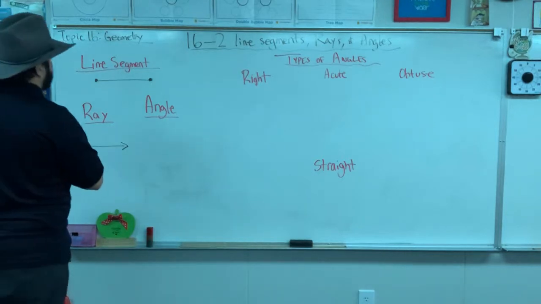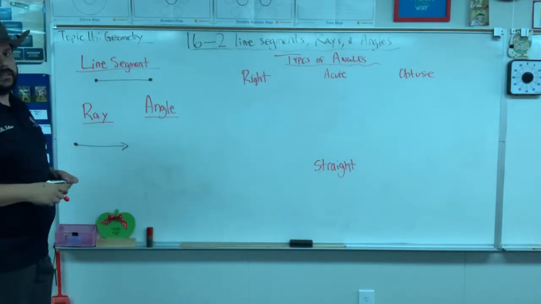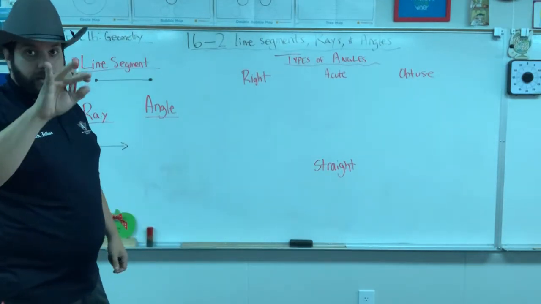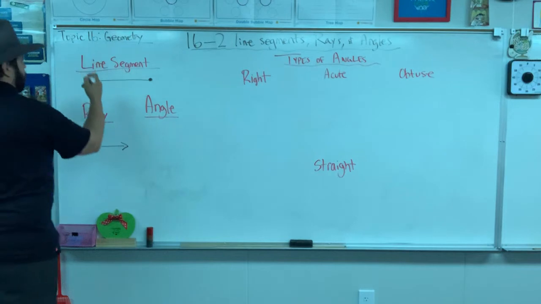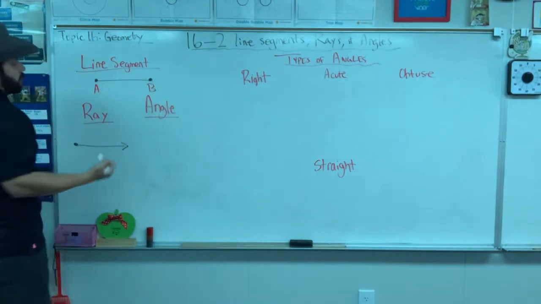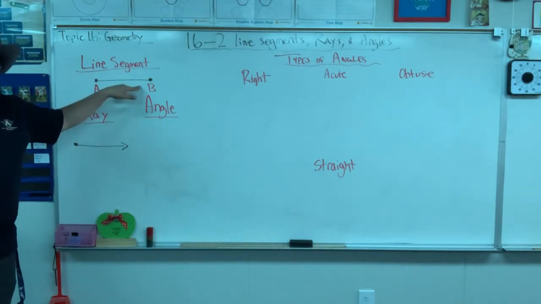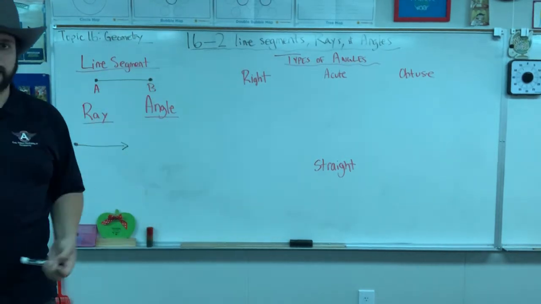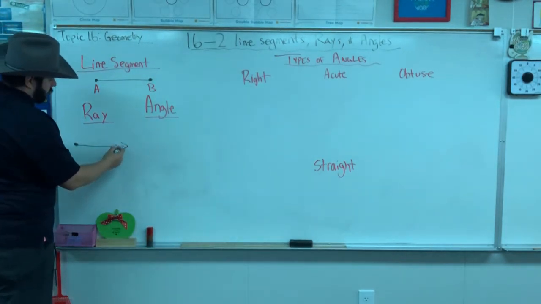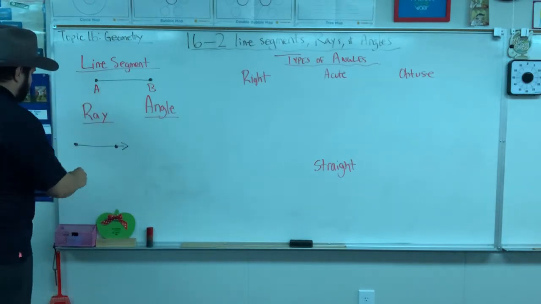So typically, line segments and rays are identified by variables. So let's call this line segment, here's an A, here's a B. So this is line segment AB. Okay, that's how you would refer to that line segment. Now, with a ray, you can have 2 points on it, and it can still go infinitely.